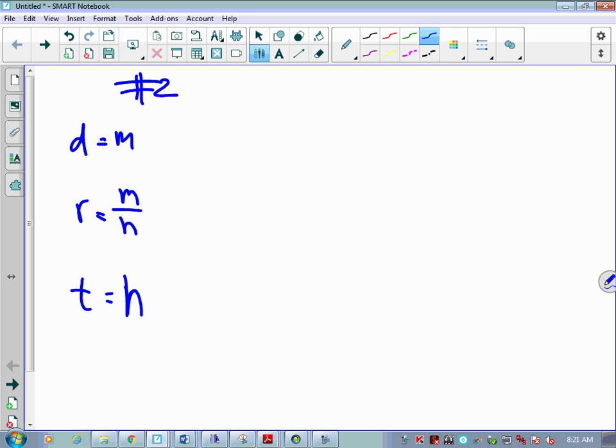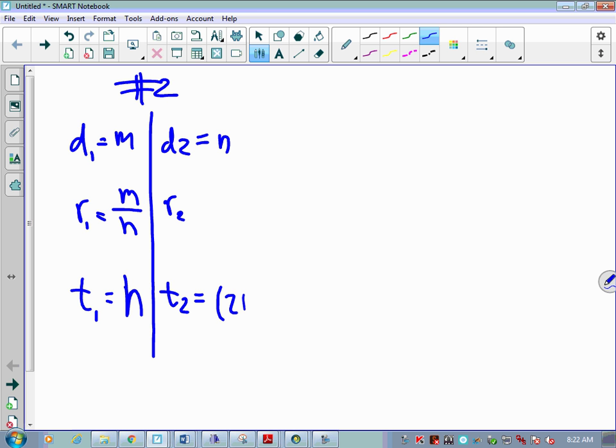So we've got d1, r1, t1, then we're going to have d2, r2, t2. Then traveled n miles in 2h minus 1 hours. That would be n over 2h minus 1 if we needed to use that.